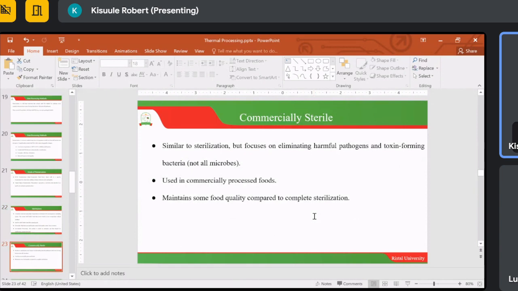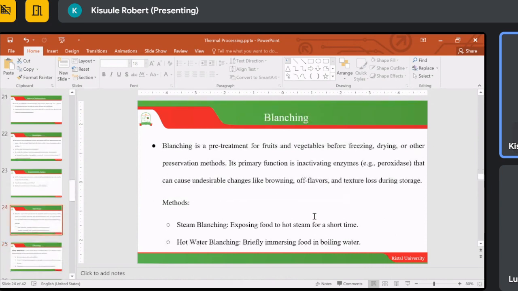For commercially sterile, it is similar to sterilization, but this will focus on removing those harmful pathogens, or the bacteria, or the microorganisms, and also those toxin forming microbes from the food. This is usually used in commercially processed foods, but it also maintains some food quality compared to the complete sterilization like we saw.